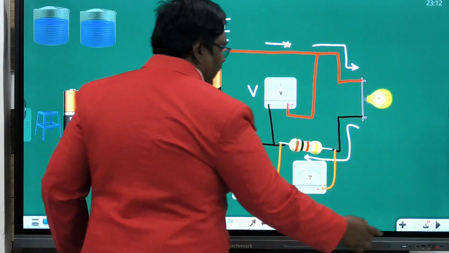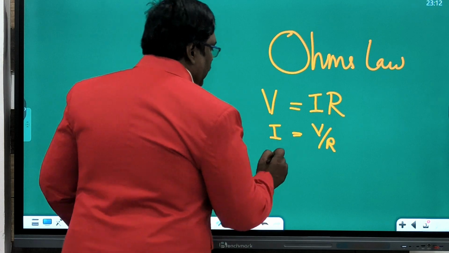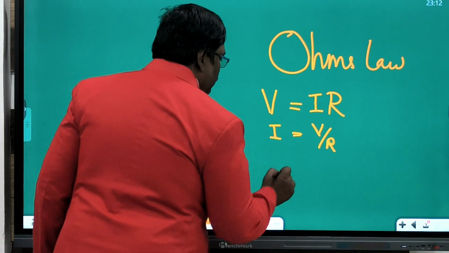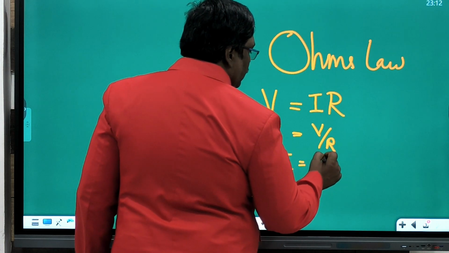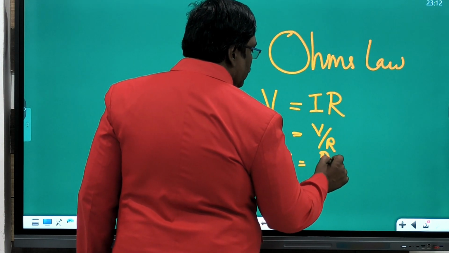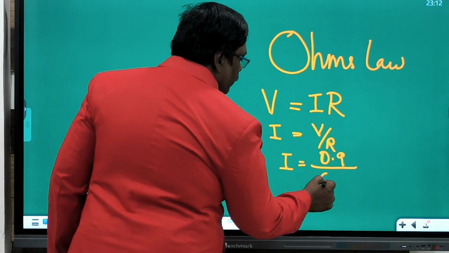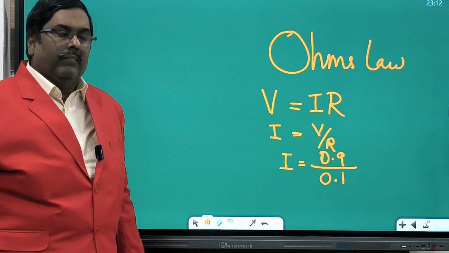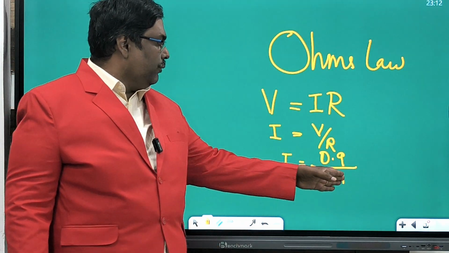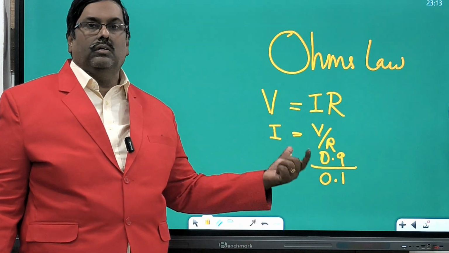So very easily you can measure the current: current equals voltage, 0.9 volt, divided by 0.1 ohms. So 0.1 ohms I put down, and 0.9 is the volt we got across the resistance.